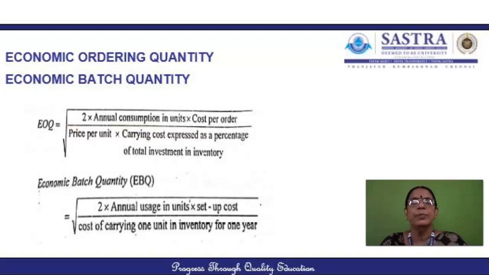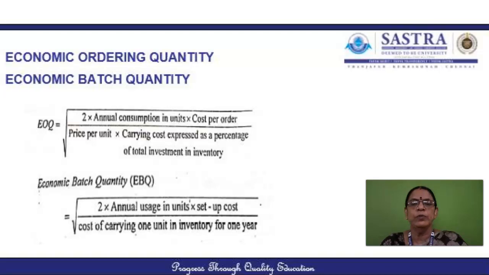The second problem. From the following data obtained in respect of an item of store, calculate the economic ordering quantity for the item. Total annual consumption is 12,000 units. Unit purchase price is 1 rupee. Ordering cost is 75 rupees per order. Then the cost of carrying inventory is 20% per annum.